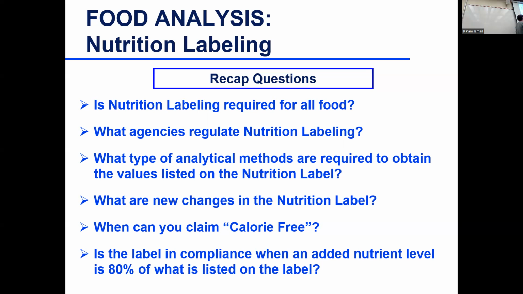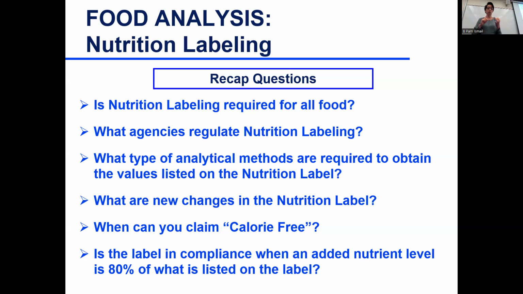Official methods of analysis are methods that have been verified and approved by regulatory agencies, like AOAC or AOCS or Cereals and Grains, and several others that approve and validate methods. They are known as official.